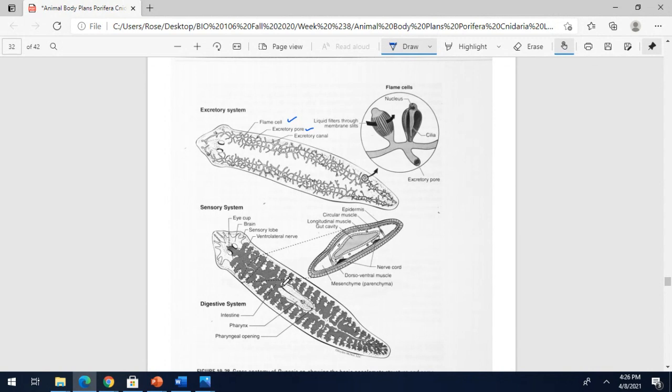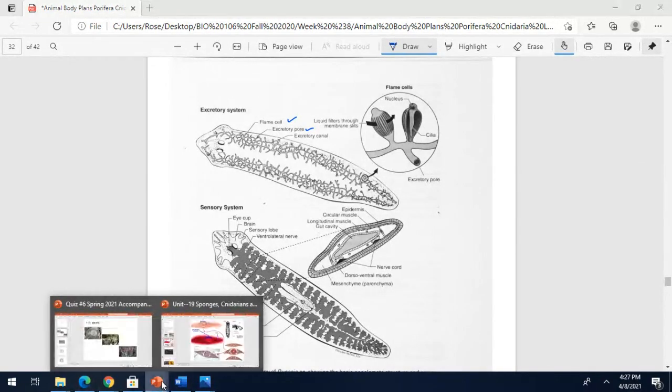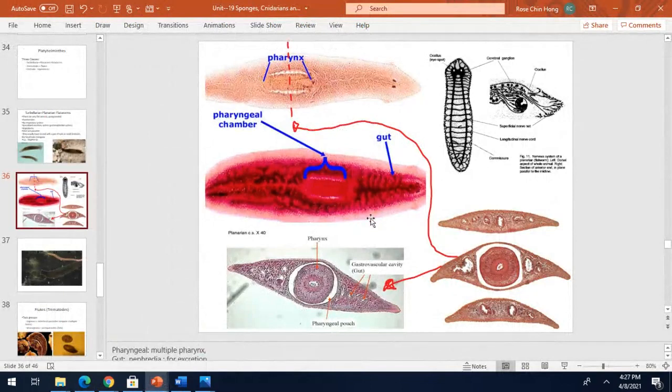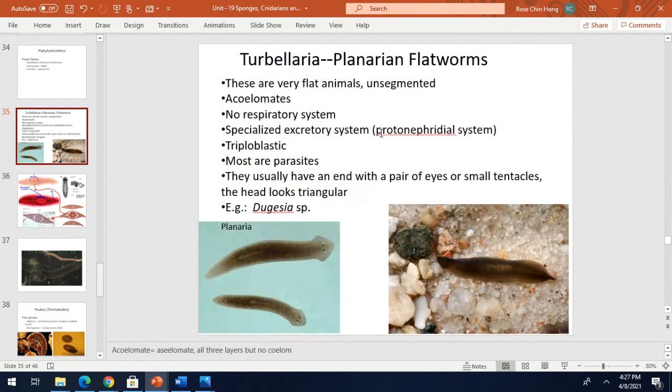You see the intestinal area where it's pointing. Again, in the slide you can see the shape here. And we said it has the protonephridial system with the flame cells, and then you'll see the digestive system.